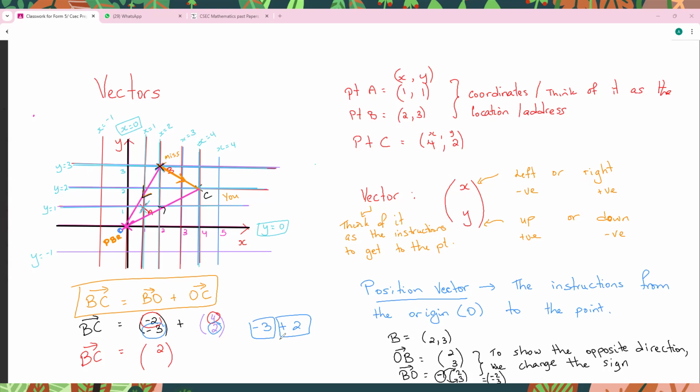So 3 take away 2 is 1. And you keep the sign that is in front of the bigger of the two, which is negative. So it will be -1. So when we add this, it gives us the instructions from B to C.